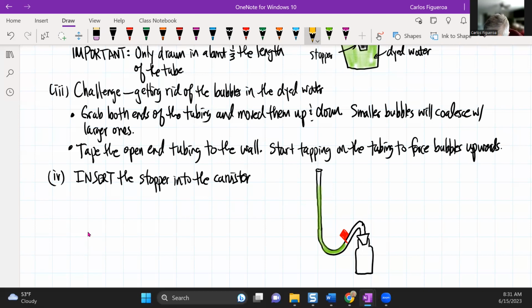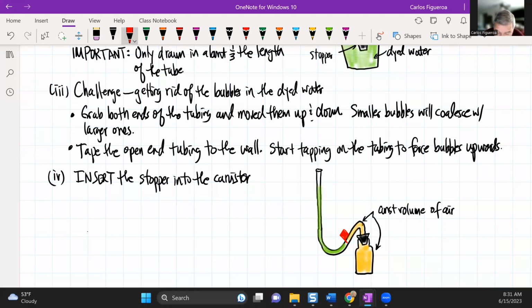And what I've done now is I've separated the air and the water so that it looks like this here. So when I look at this, the air in the tubing and the air in the canister, that's our constant volume of air.